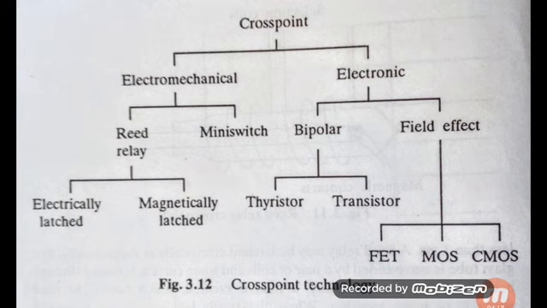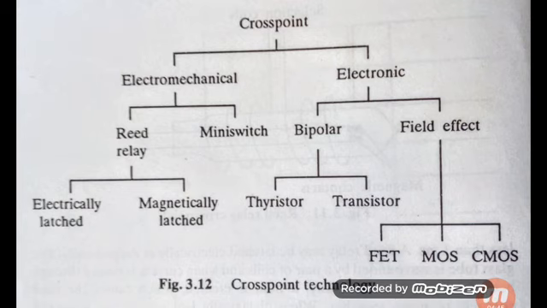Bipolar is again classified into two types, thyristor and transistor. Field effect is classified into FET, MOS and CMOS. This is the crosspoint technology family.